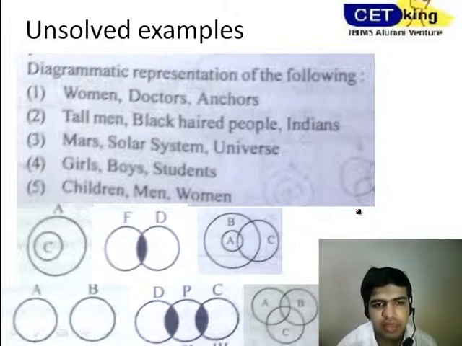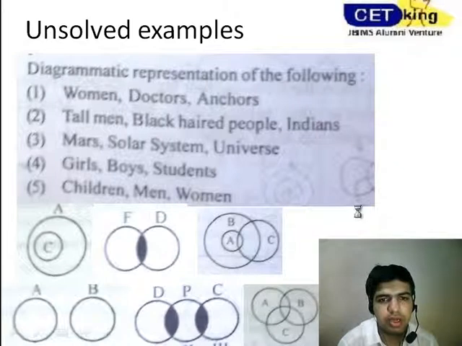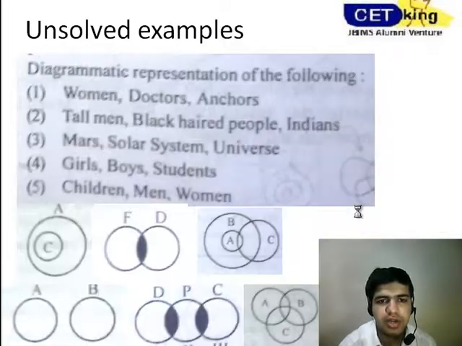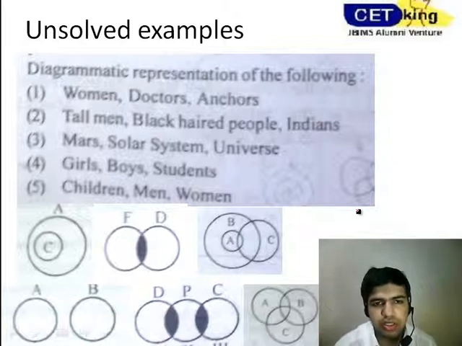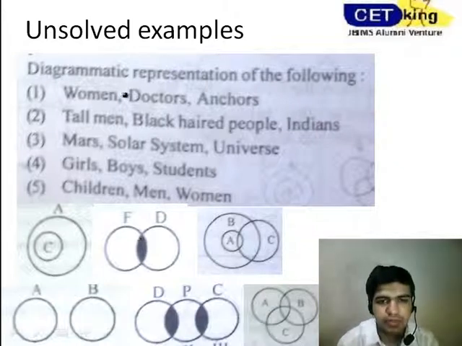The very first here is women, doctors, and anchors. Anchor means TV anchor or something like that. First of all we'll try to make a subset out of it. Are all women doctors? Are all doctors women? No. So W and D will have a common region. And then, are all anchors women? No, there is a common part.